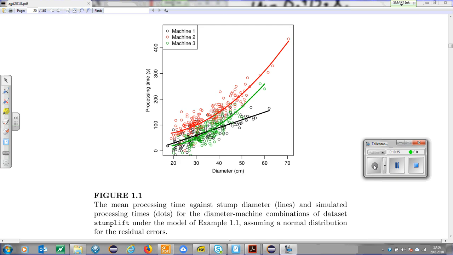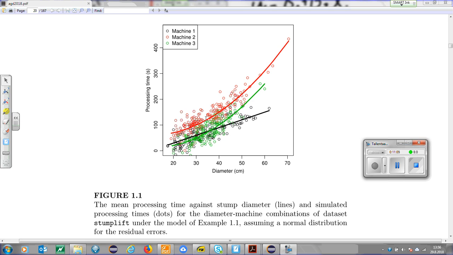So the simulated data are shown here. The black dots are those generated by machine 1. Green dots are generated by machine 3, or they are processed using machine 3, and the red dots are the time consumptions for machine 2.